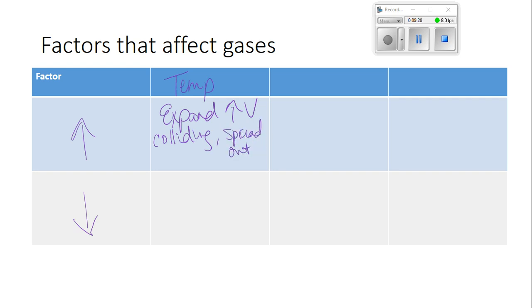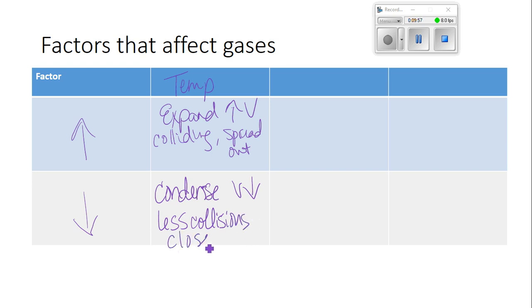Okay, but if instead I brought my balloon outside and it's really, really cold outside, the gas molecules are now going to condense. When they condense, they are going to be closer together. So the volume is going to decrease. There are going to be fewer collisions and it's going to occupy less space. Everything is going to be closer.